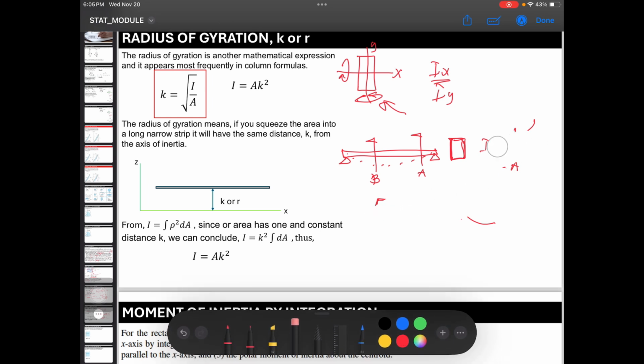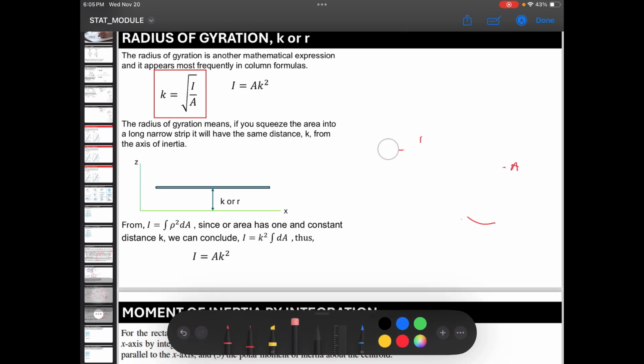Next, radius of gyration. Radius of gyration is another mathematical expression, now meaningless, but since it appears most frequently in column formulas, nilagyan na din siya ng pangalan na radius of gyration, and it is denoted by letter k or r. It has this formula, k is equal to square root ng I over A. So, ang I natin, di ba, may X and Y, may Z pa nga kapag angular.